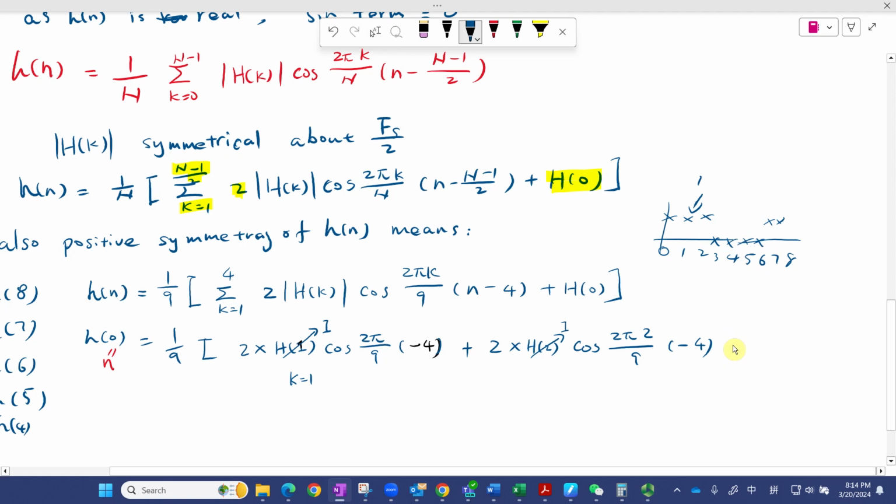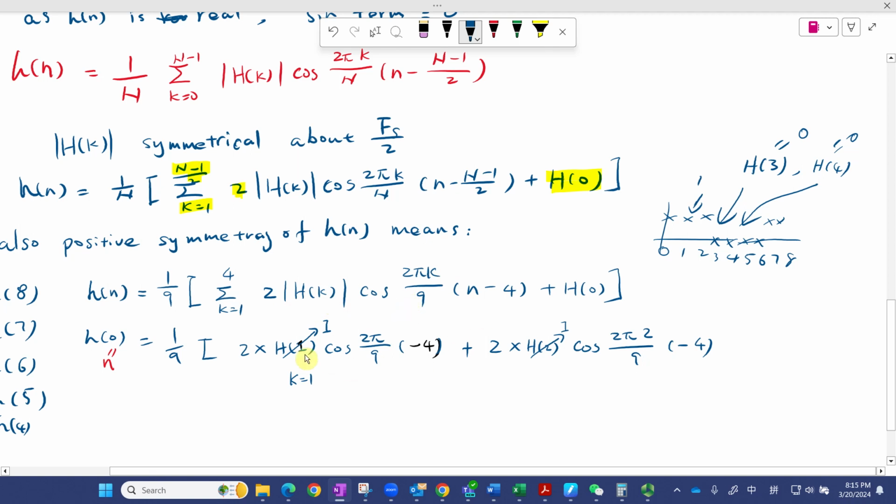Okay, so the next term is for k equal to 3. For k equals 3, we don't need to care much because capital H3, capital H4, these all equal to 0, so these terms will all be gone.